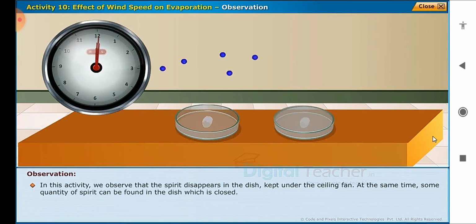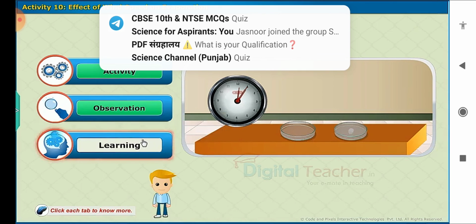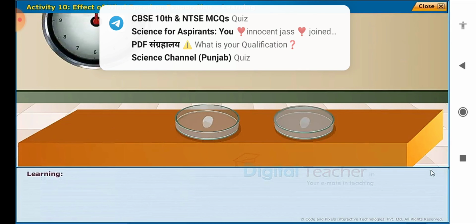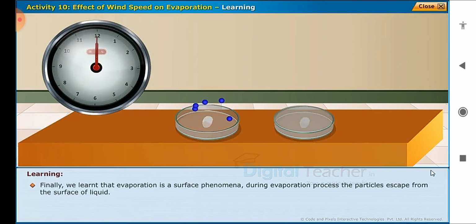In this activity, we observe that the spirit disappears in the dish kept under the ceiling fan. At the same time, some quantity of spirit can be found in the dish which is closed. Finally, we learned that evaporation is a surface phenomenon. During the evaporation process, the particles escape from the surface of the liquid.